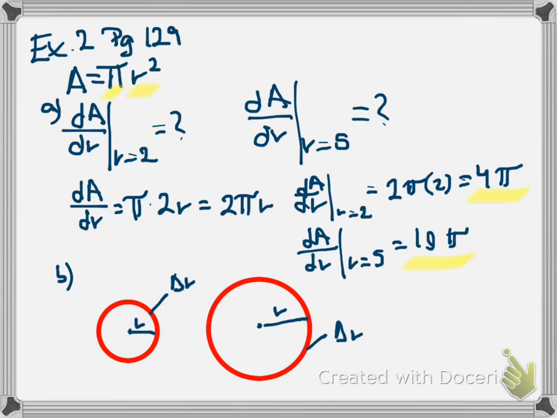So just by taking that into consideration, when the radius equals 5, it's bigger than the other one.